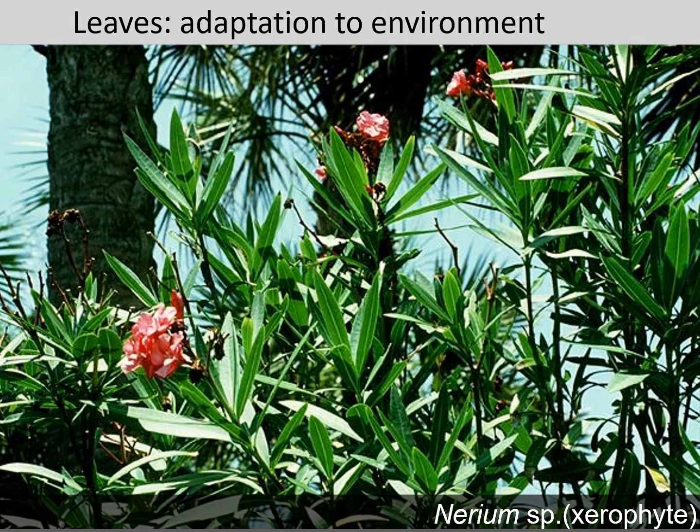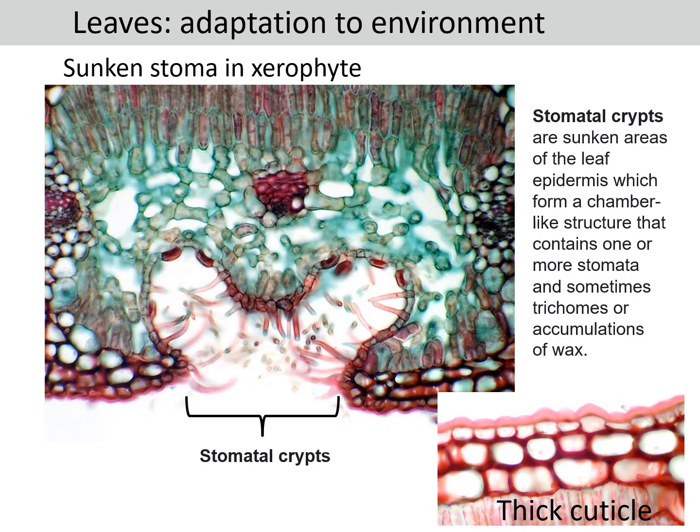For the xerophytes, the example of xerophyte in this chapter or in the laboratory is Nerium species. The xerophyte is the plant that grows under the drought state. So, sunken stoma is the main character of xerophyte.